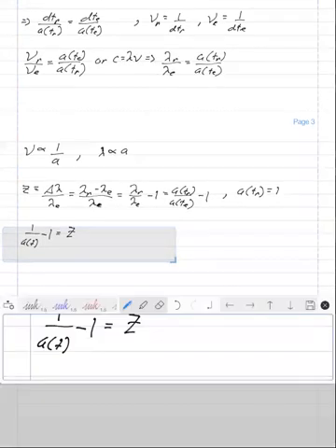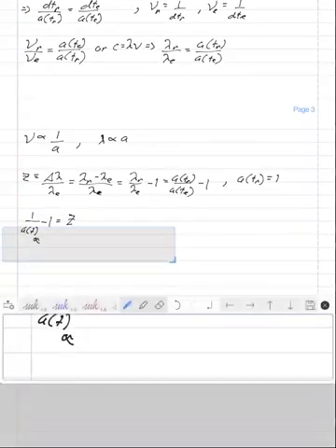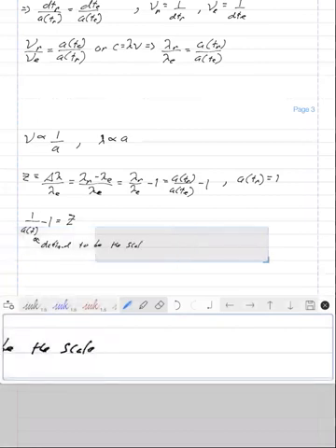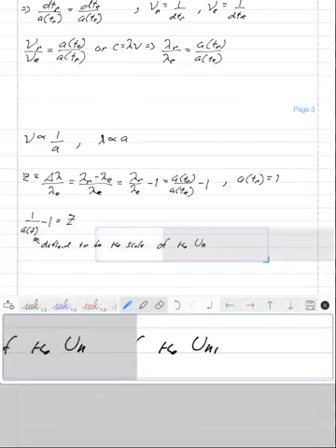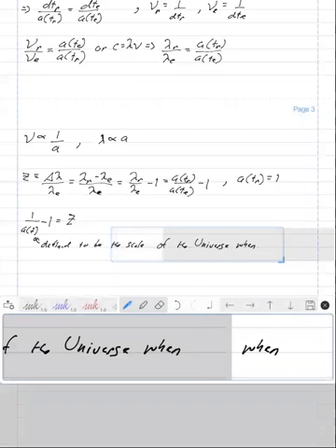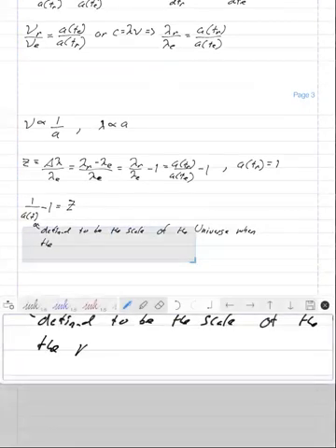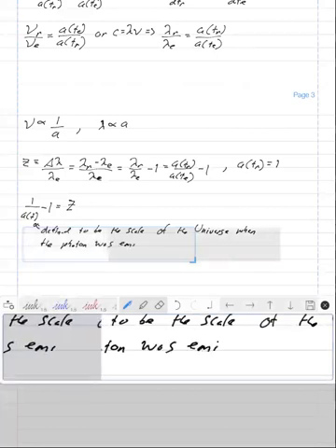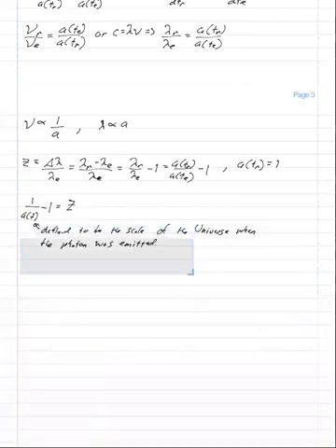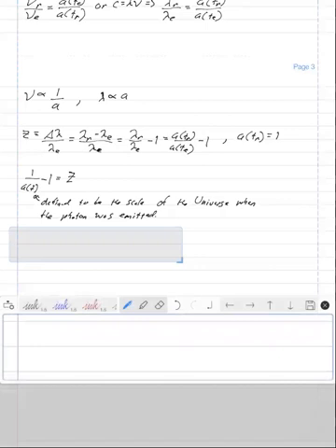And note that this A of t, this t, is defined to be the scale of the universe when the photon was emitted. Sometimes there's some confusion on which A of t we're referencing, but hopefully that clears it up.